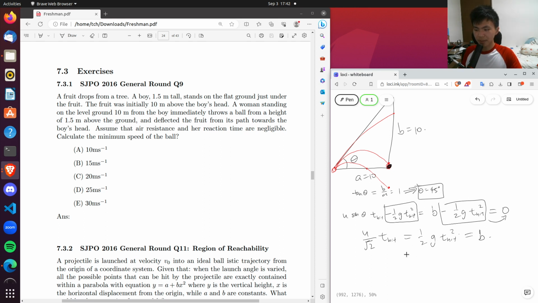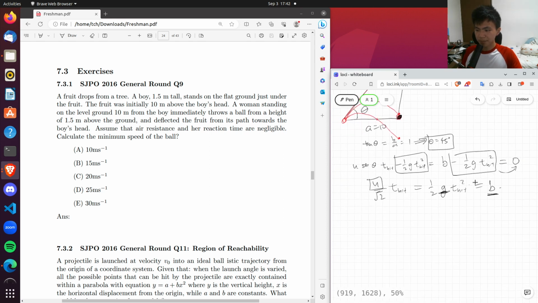So we can solve this equation. We want to find u, and we know the values of g and b, but we do not know the value of t hit.